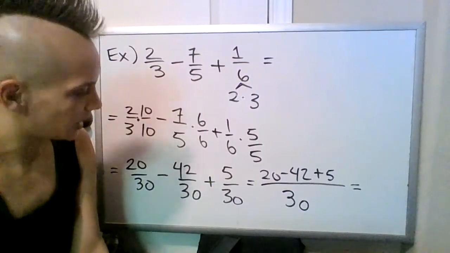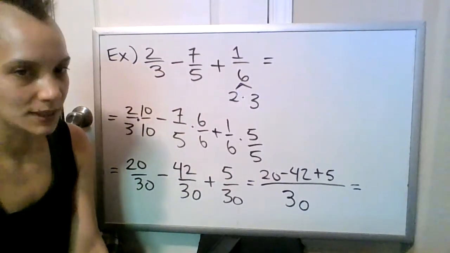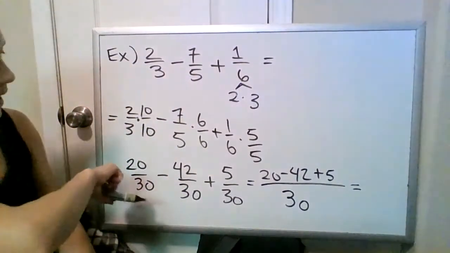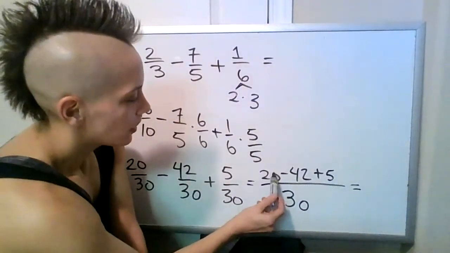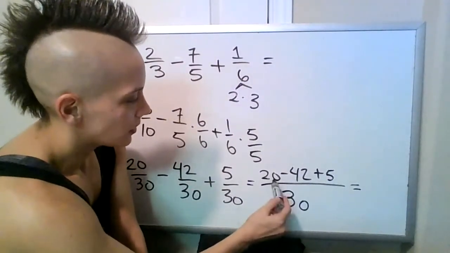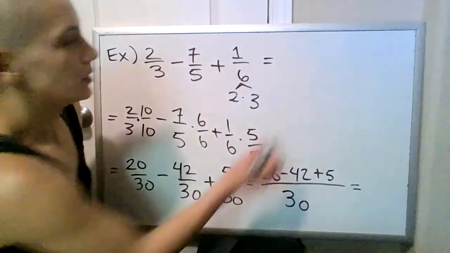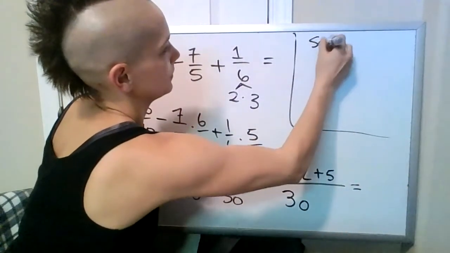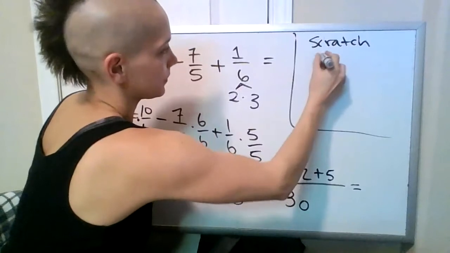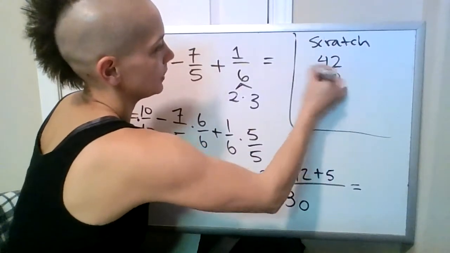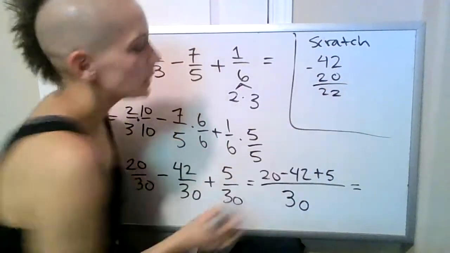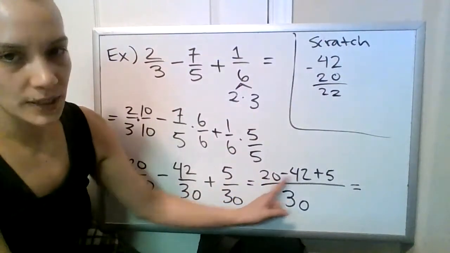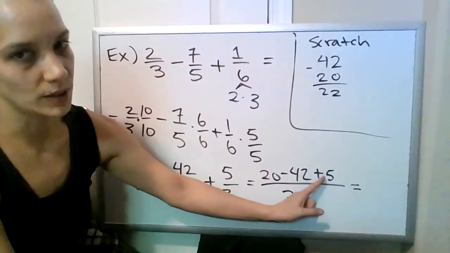Okay, I did this a little differently than in my notes. So we're gonna have the difference between, let's do scratch work, 22 and 20. It's 22, but this would be a negative 22 and then plus 5.